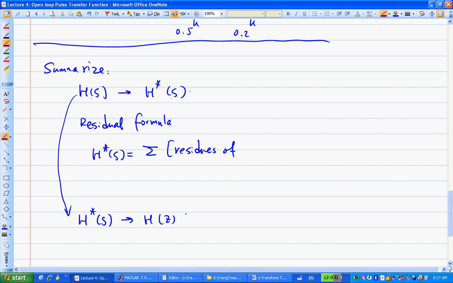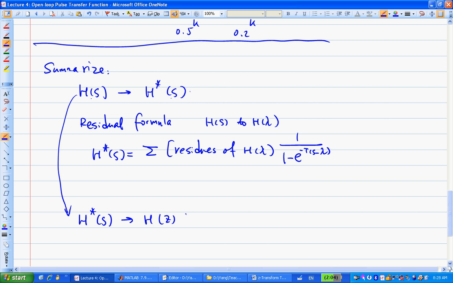First, rewrite H of S using another symbol, say H of lambda. It doesn't matter which symbol you use. Then multiply H of lambda by 1 over 1 minus e to the power negative T times (S minus lambda).